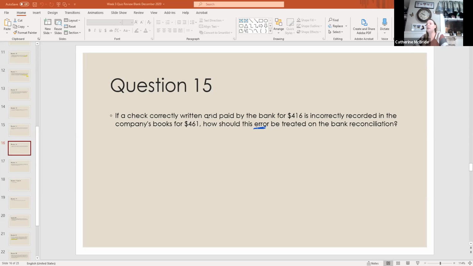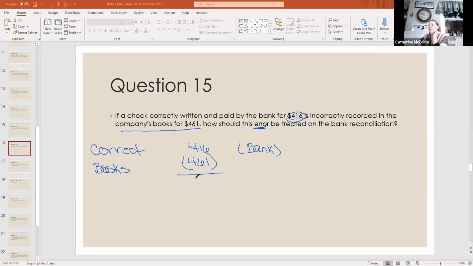If a check correctly written and paid by the bank is for $416, okay, so I'm thinking right away, I know that the correct amount is $416. That's the bank. The bank is correct. But we recorded it on the company's books for $461.